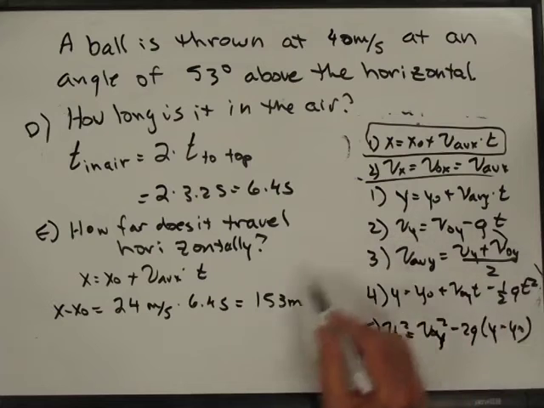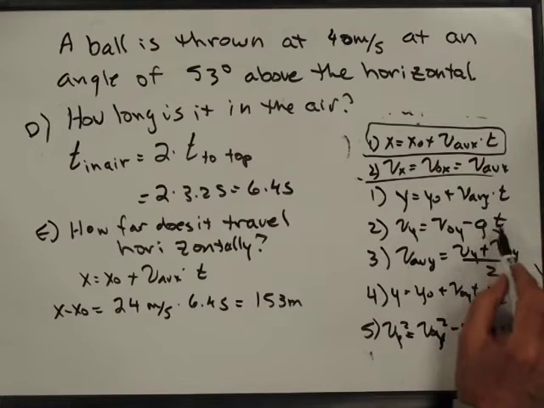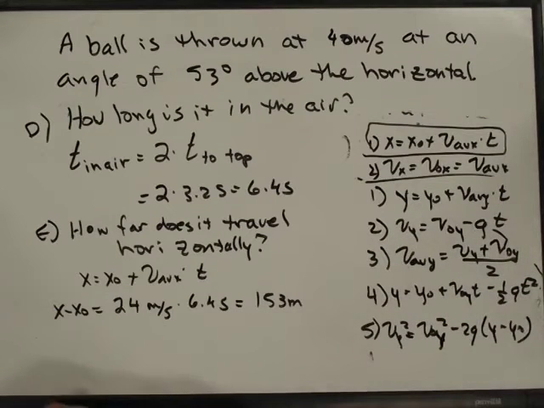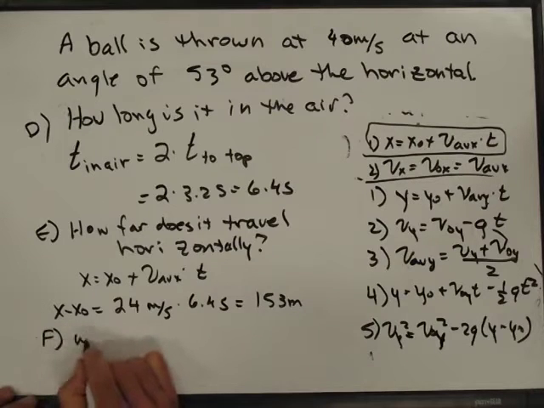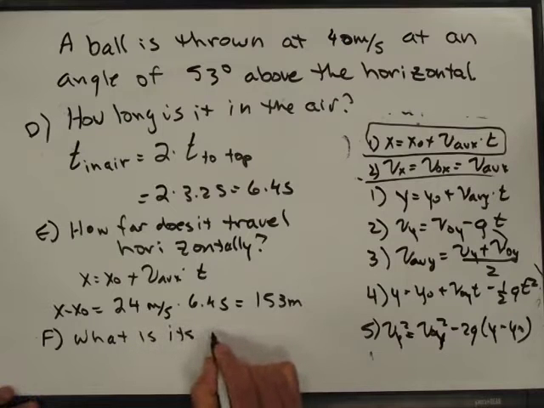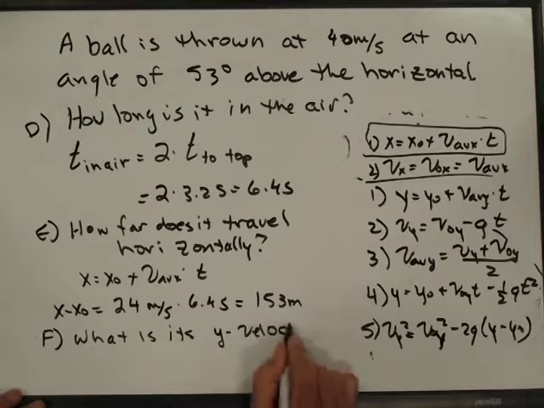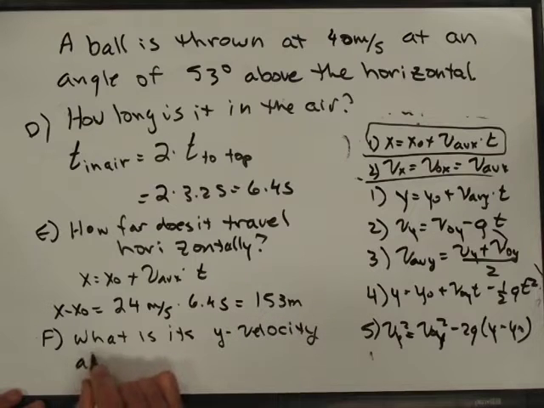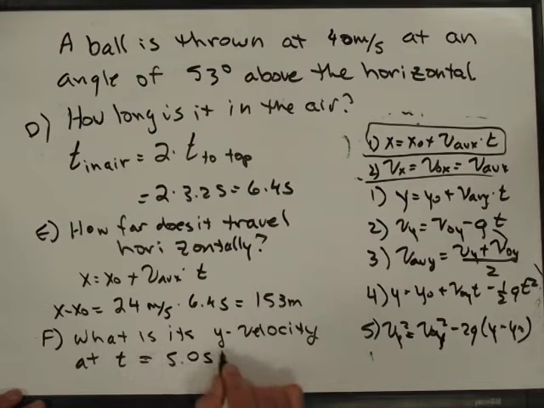So we can answer all kinds of questions about this. We can pick any time. For part F, I can just ask the question, what is the y velocity at 5.0 seconds?